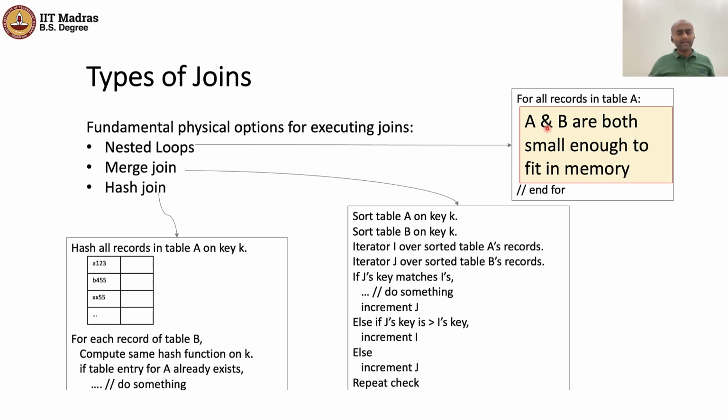So that is what will cause a lot of problems in terms of performance. This means effectively that for nested loops to work, the data sets A and B should be small enough to fit in memory. Then, in which case, we just breeze through at CPU speed.